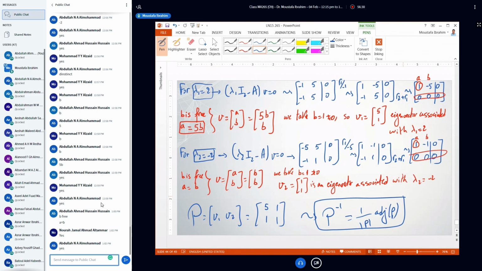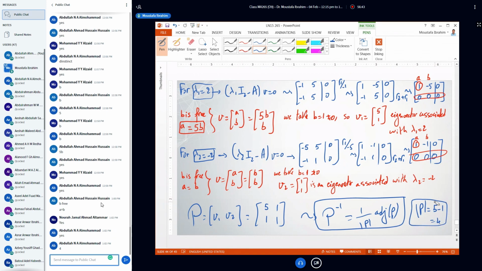Let's check the determinant of P immediately, guys. It's equal to 5 multiplied by 1, which is 5, minus 1 multiplied by 1, which is 1. So it's equal to 4. Now let's find the adjoint.